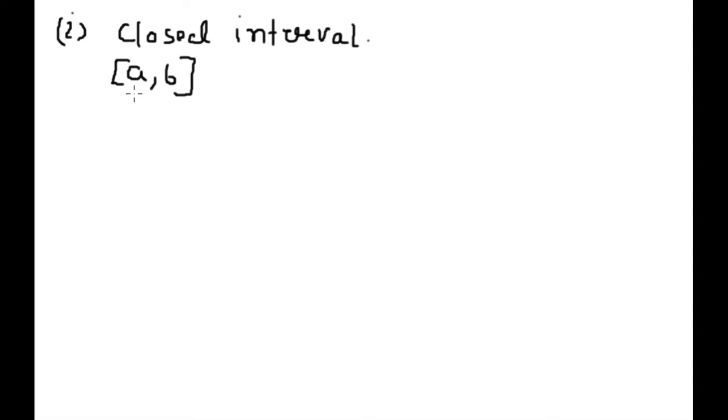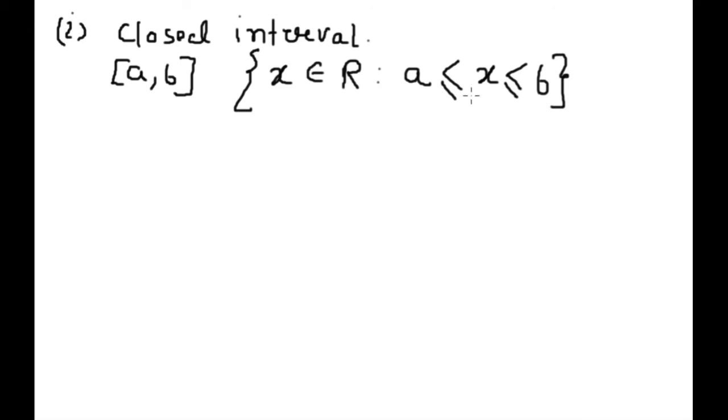It means if, let's suppose, x is an element of the real numbers such that x is greater than or equal to a and x is less than or equal to b, it means x includes a and b both.